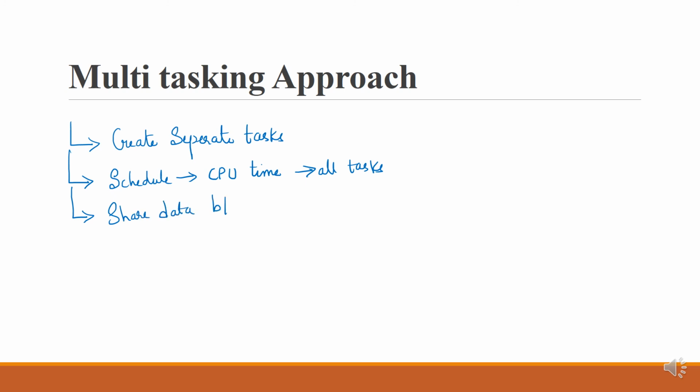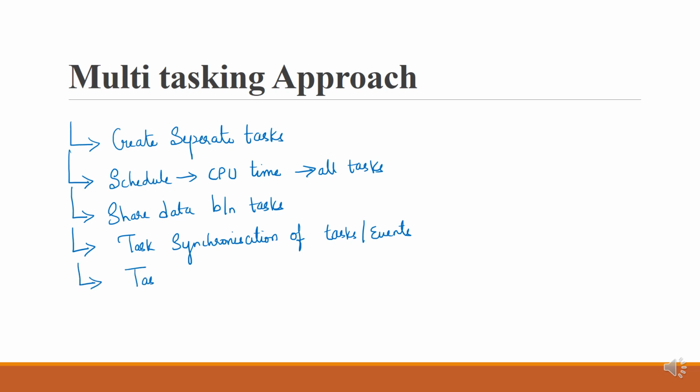We have to ensure that we take care of task synchronization. If you have 10 to 15 tasks or n number of tasks, task synchronization is very important. Events need to be taken care of. We should also see that there is no task corruption.